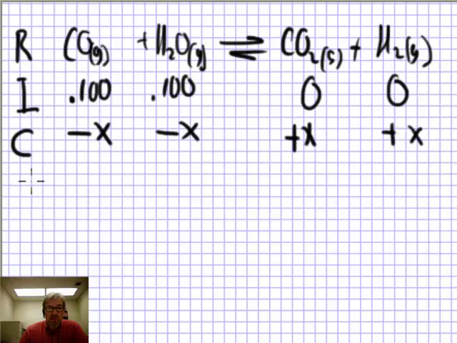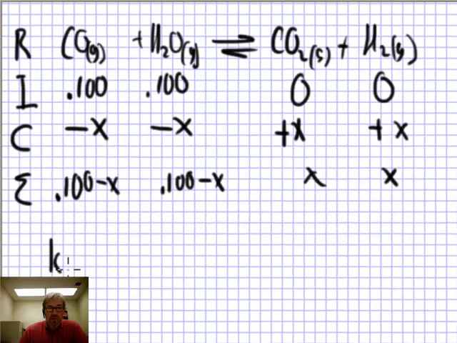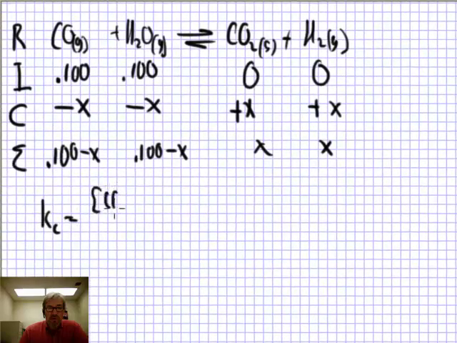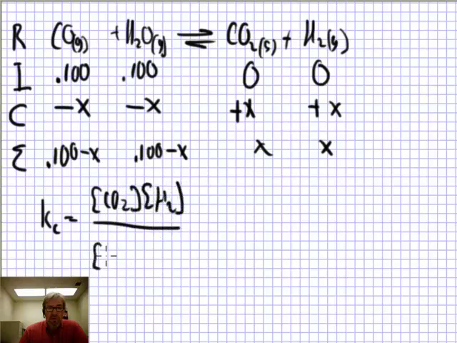So that when I reach equilibrium, that's the last line of my RICE chart, I will have a concentration of CO that's 0.100 minus X, and of H2O that's also 0.100 minus X, and CO2 and H2 are both going to be 0 plus X, which is just X. Kc is equal to concentration of CO2 times concentration of H2 divided by concentration of CO times concentration of H2O.